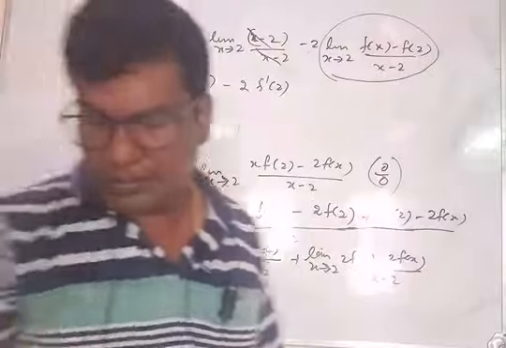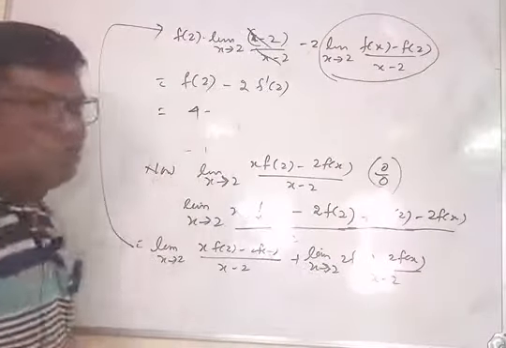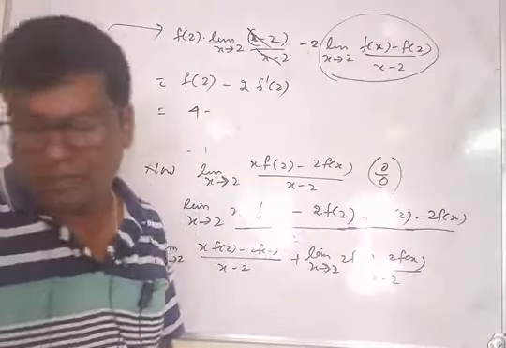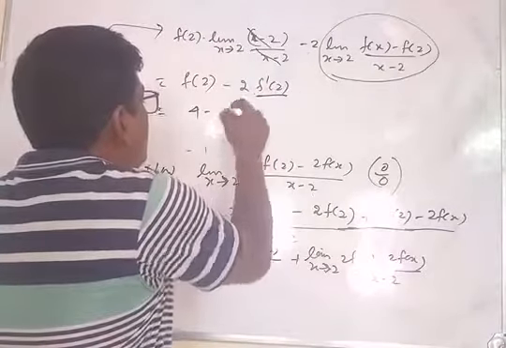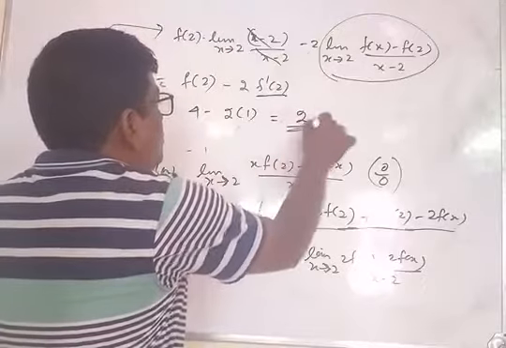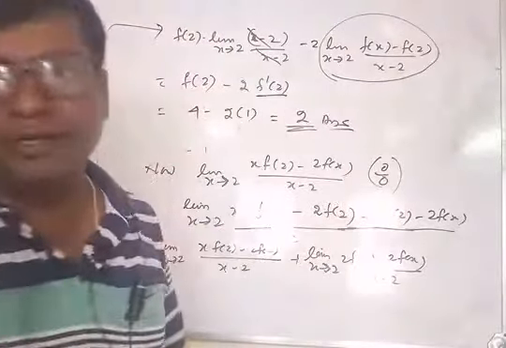You are given f(2) equal to 4, minus 2 into f′(2), which is 1. So 4 minus 2 is equal to 2. This is your answer. Clear?